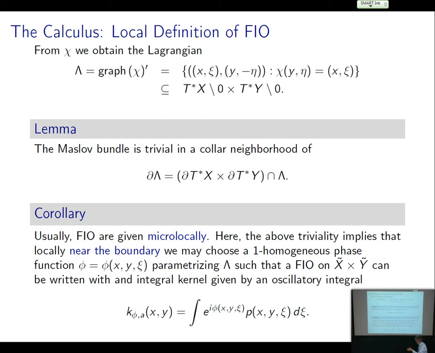And that's due to the fact that the second derivatives of the phase with respect to the covariables just vanish at the boundary. You see this for the tangential variables right away, because in the tangential variables, at the boundary, the symplectomorphism is a linear map. So you take two derivatives and it's gone.